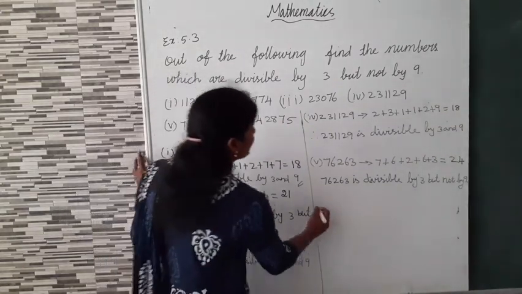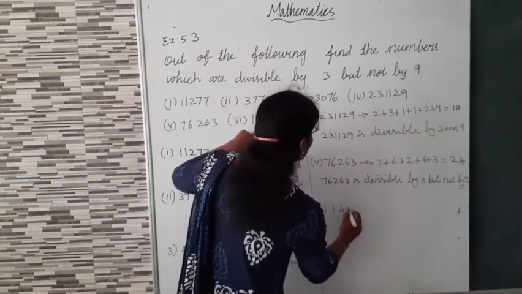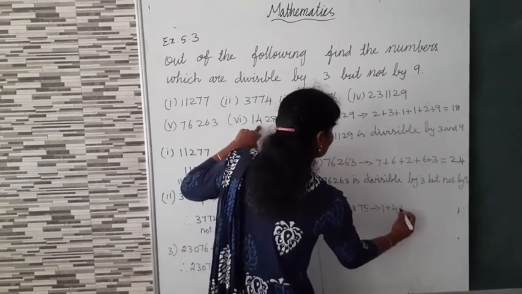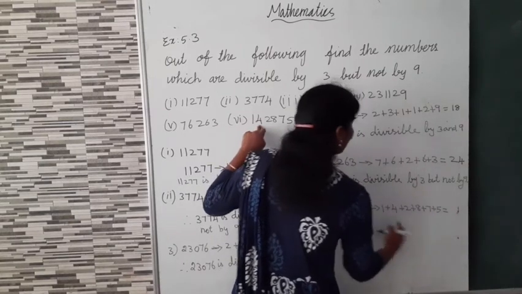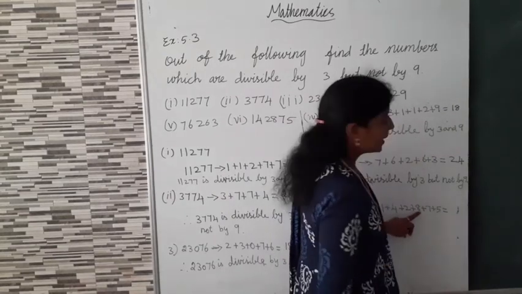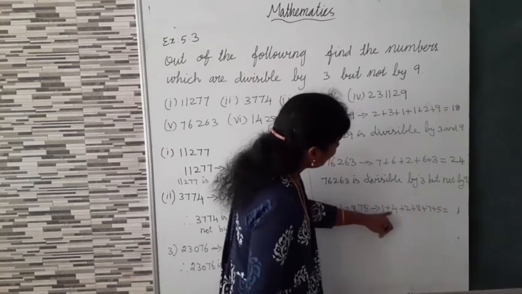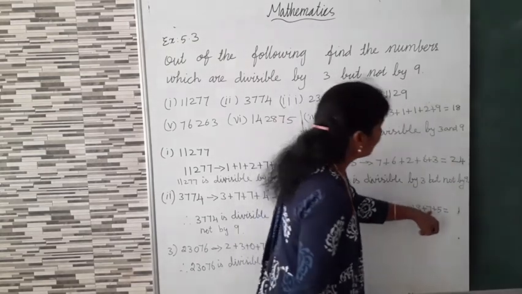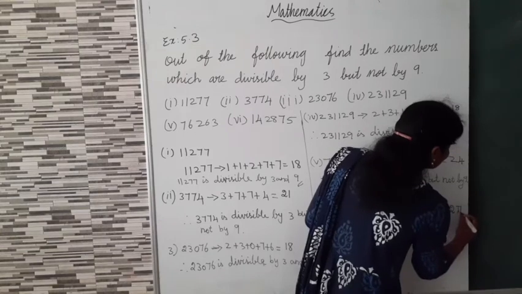Okay. Now sixth one, 1,42,875. 1 plus 4 plus 2 plus 8 plus 7 plus 5. 1 plus 4, 5, 5 plus 2, 7, 7 plus 8, 15, 15 plus 7, 22, 22 plus 5, 27.